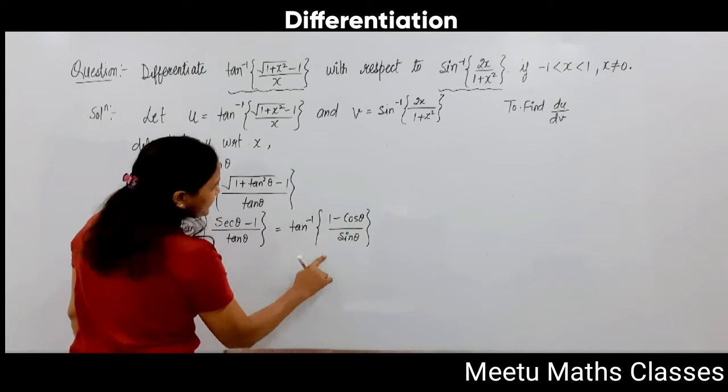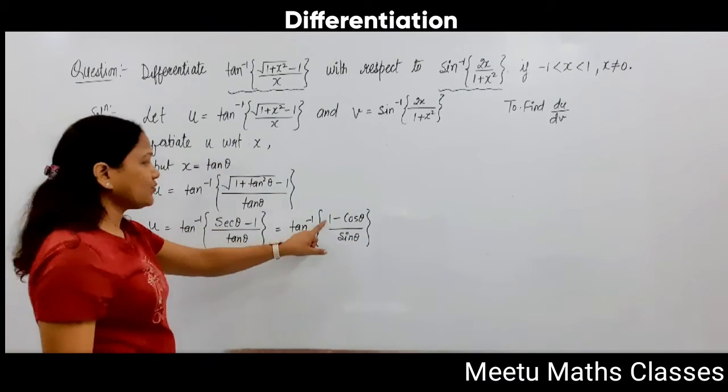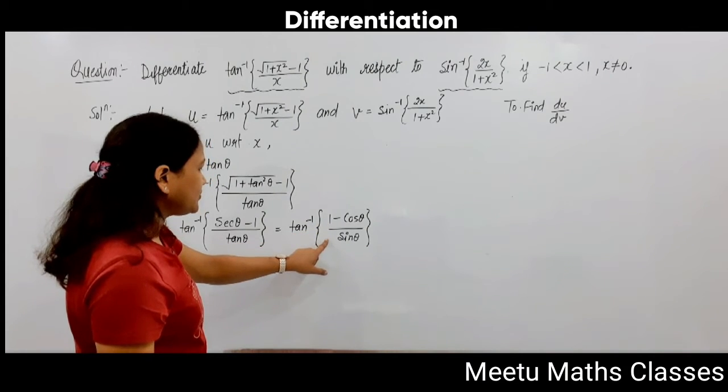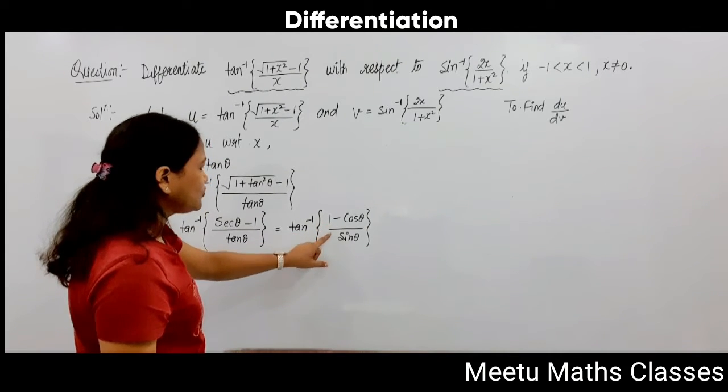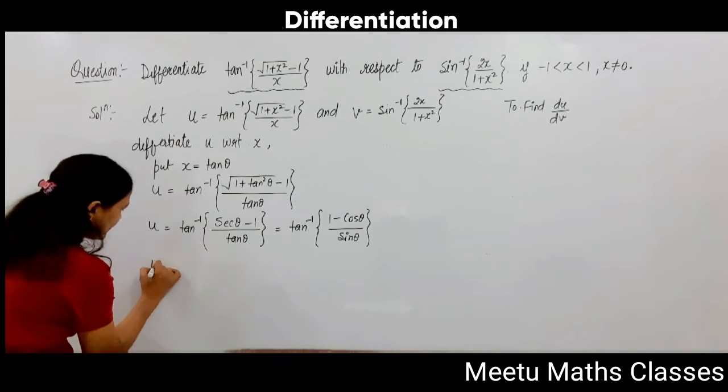Now to create tan inside the tan inverse, we are going to put half angle formulas here.